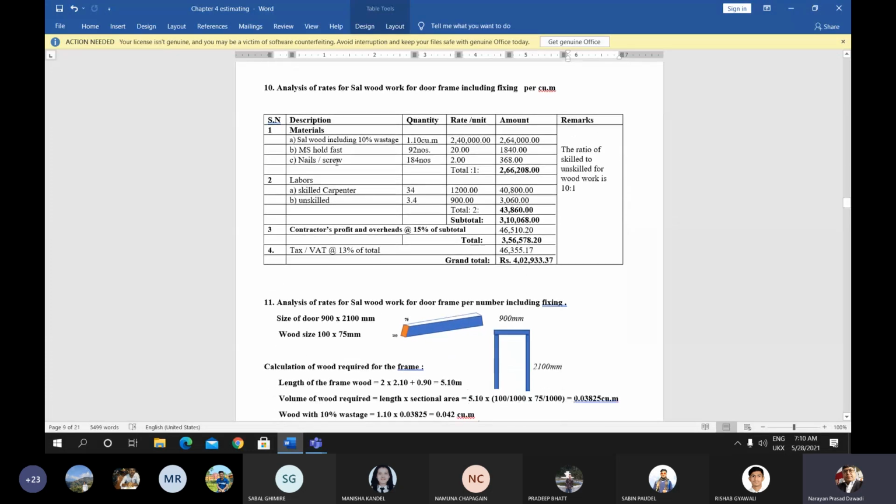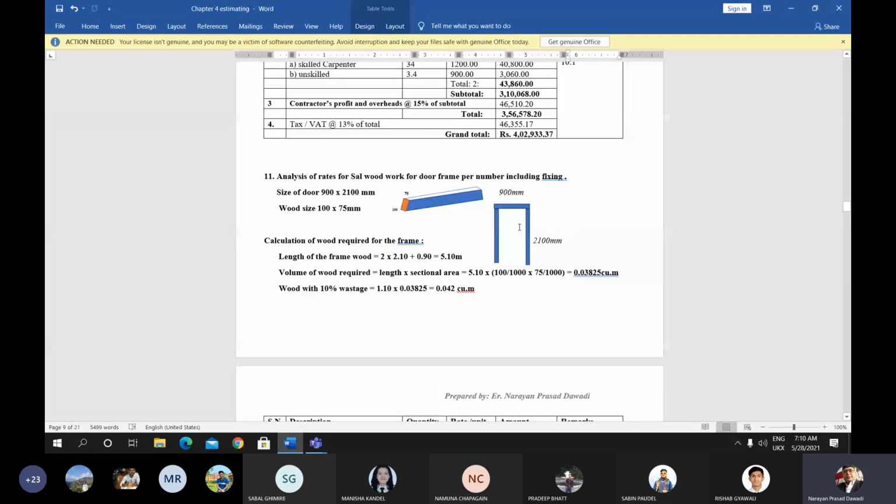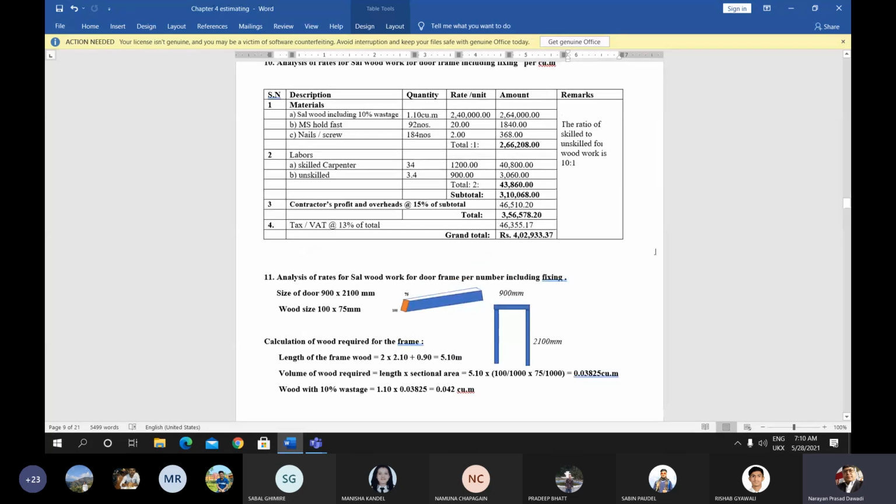Now, description of work. What type of things are needed for us? We need the material as solid wood, per cubic meter. Per cubic meter, we can construct many door frames.